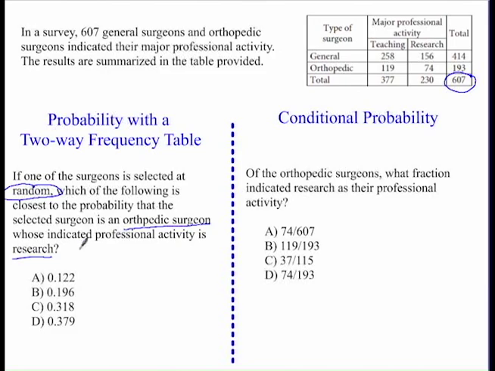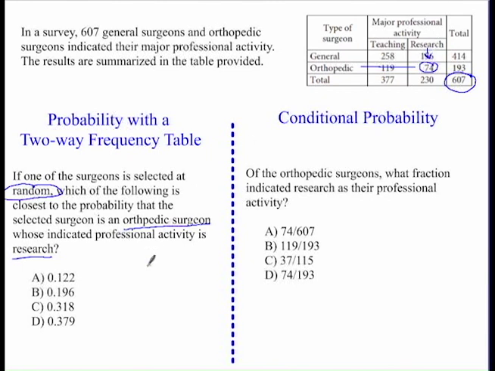So here's where we narrow it down. Since this probability is for a random pick out of the total population, I'm really looking at these two criteria and where they overlap: an orthopedic surgeon whose major activity is research. Orthopedic, research, this is where those two columns overlap with each other.